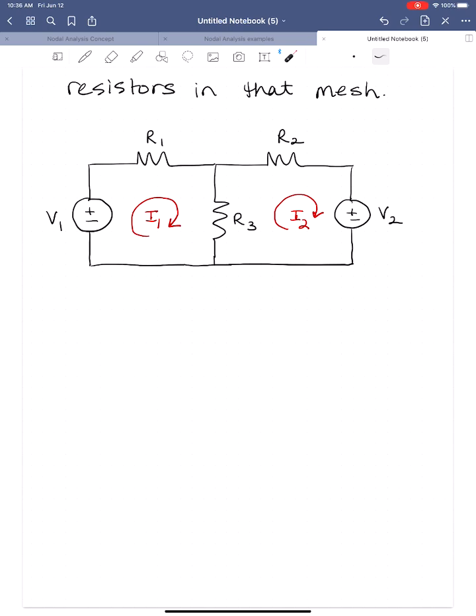So I1 flows through R1 in this direction. I2 flows through V2 in that direction. Now, R3 is shared between the two meshes, and so it sees a net current of I1 and I2. All right, so let's draw R3 here.